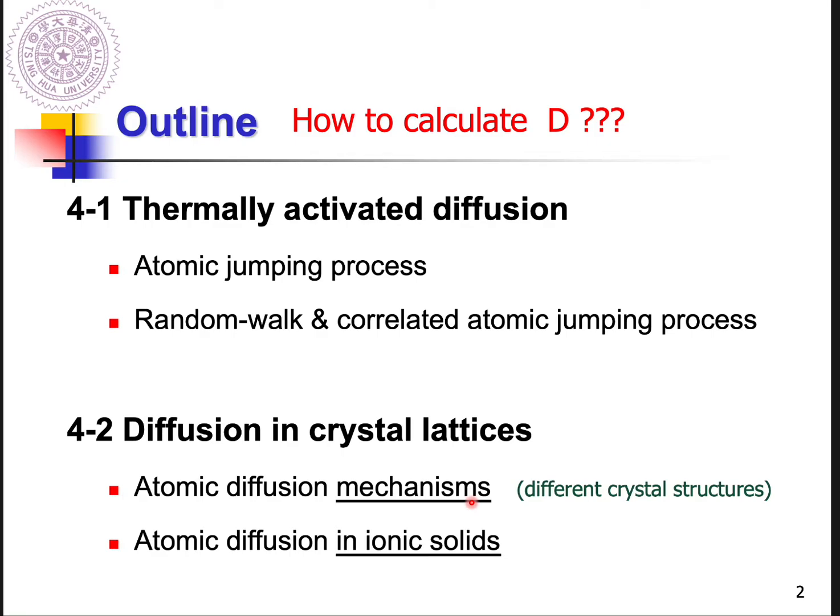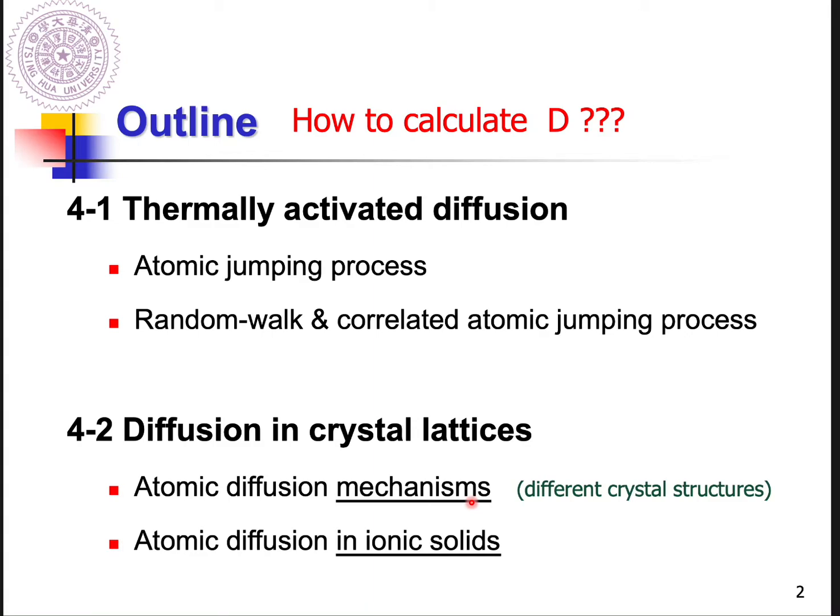Depending on different crystal structures, atoms have different diffusing mechanisms, which we are going to introduce in these lectures. This includes the vacancy-mediated diffusion mechanism, which we talked about: the atom changes location with surrounding vacancies, so this atom can make a successful jump.